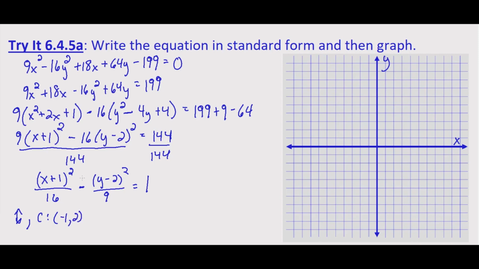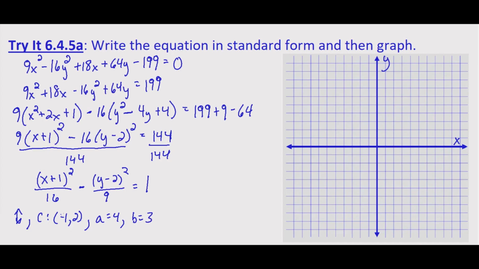Remember, it's x minus h, so x minus negative 1, and y minus k, so y minus 2, so k is 2. This also tells us that a squared equals 16, so a equals 4, and b squared equals 9, so b equals 3.